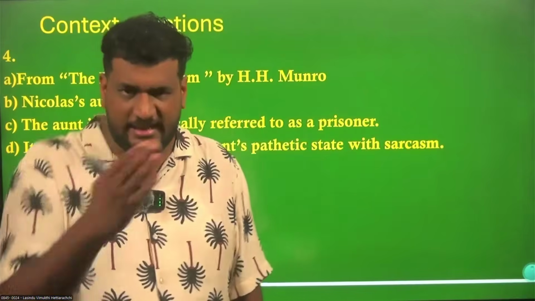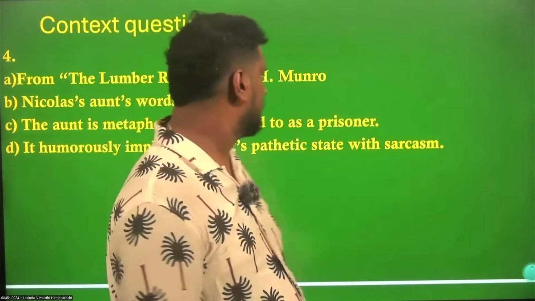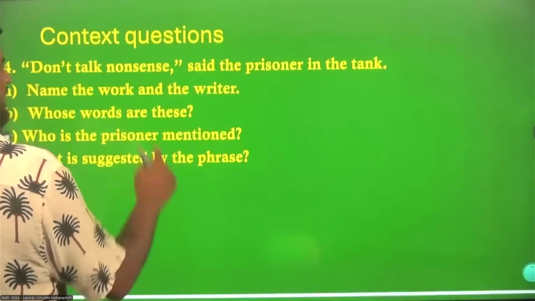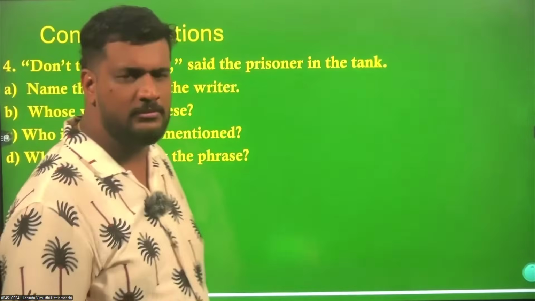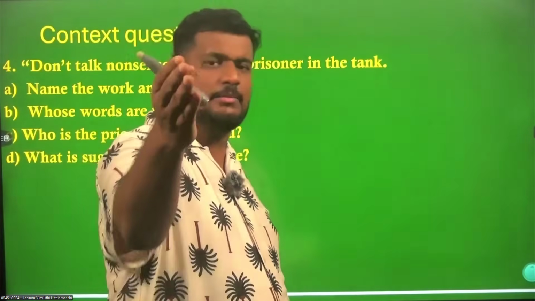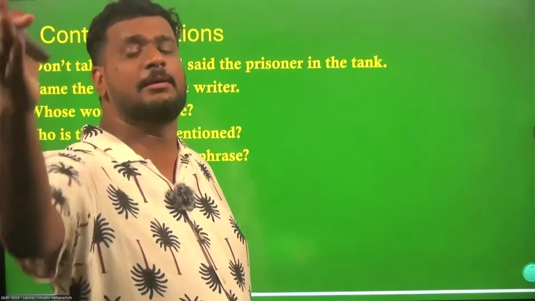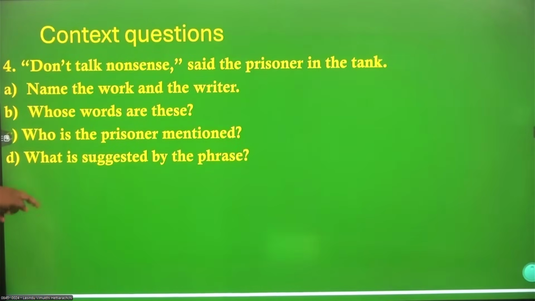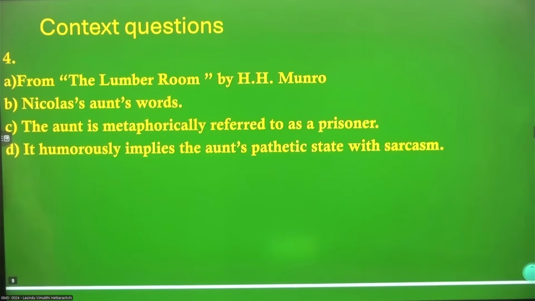Can you understand? So here we have a direct comparison: the prisoner in the tank. The aunt is directly compared to a prisoner, metaphorically compared. Nicholas's aunt's words are highlighted. The aunt is metaphorically referred to as a prisoner.